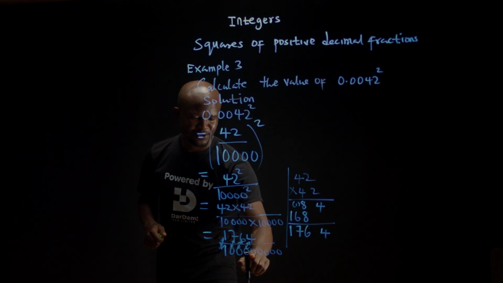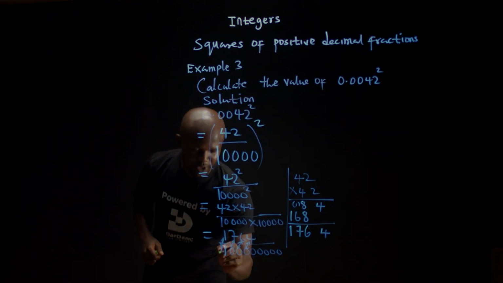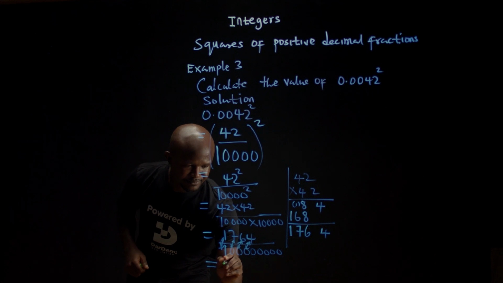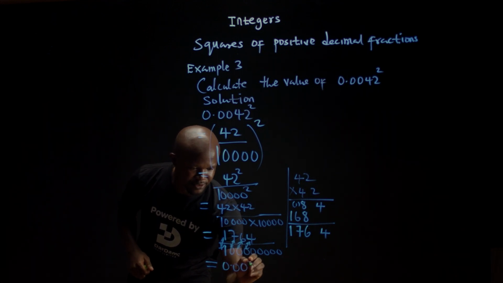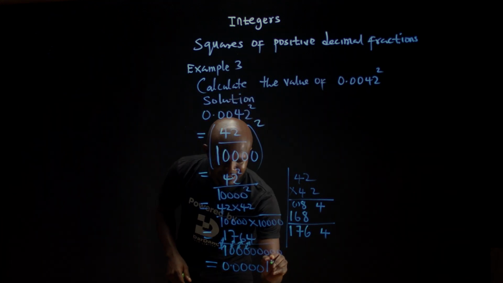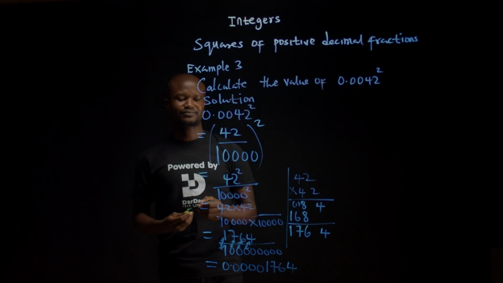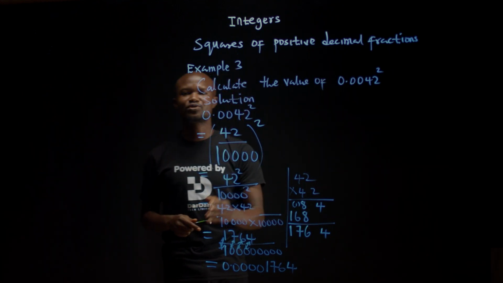We have 1, 2, 3, 4, 5. So what do we have? We have 0.0000. Then what do we have left? 1764. That is the solution to the problem.